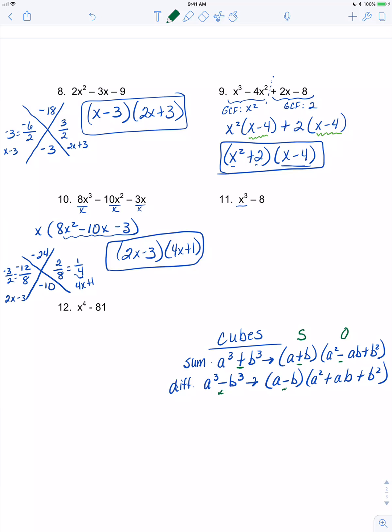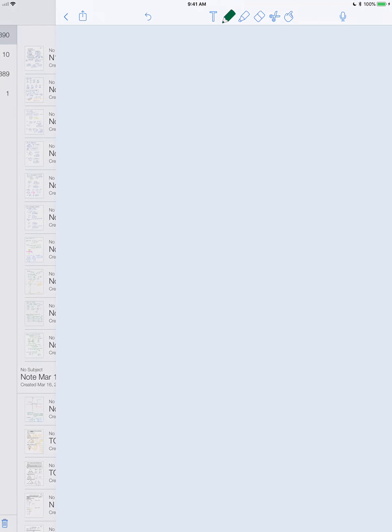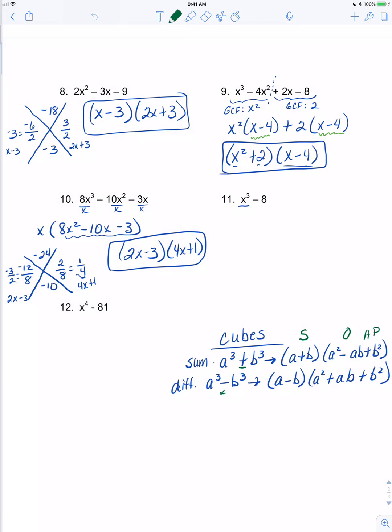This one's a minus, so now this one is a plus. Then the last one is always positive. So we call that the SOAP.